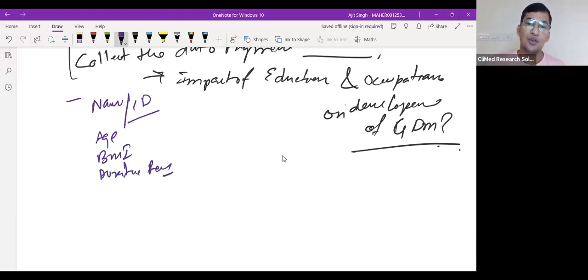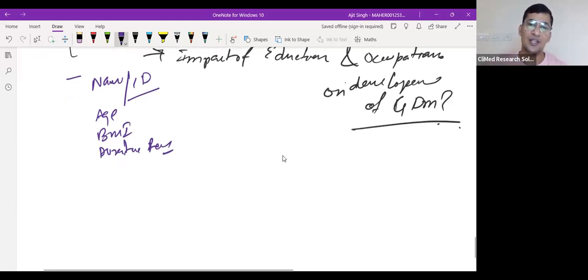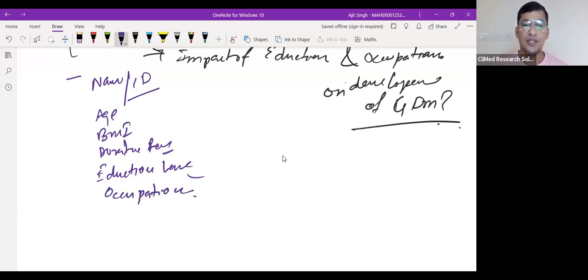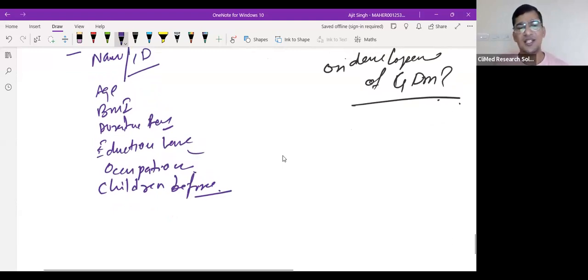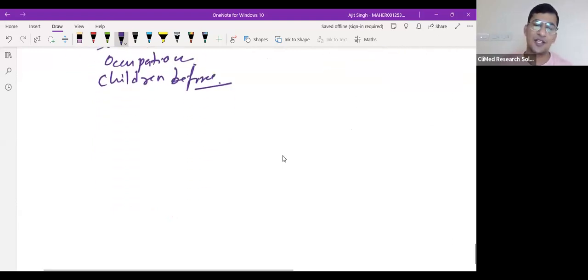Now the main thing here is education level, and occupation. And then suppose if they have any children before. These 4-5 things, let's take these and let me make a table.